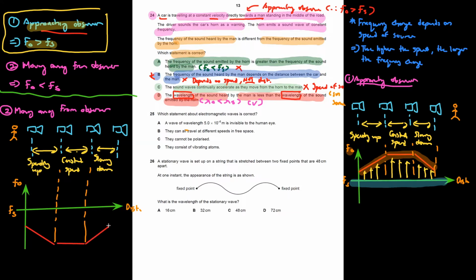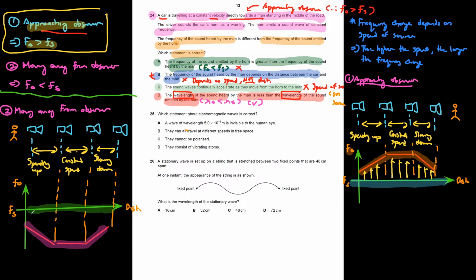Okay, so notice how the graph looks now. My observed frequency is always less than my source frequency. But again, because of the speed at which I'm moving, whether I'm speeding up, slowing down, or moving at constant speed, my frequency decrease is going to be different each time.